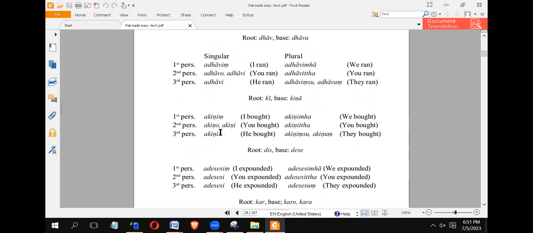Okay, so we look at this example. This is clearer and simpler. Akini: if we drop the A, we can pronounce akini, kini; akinisu, kinimsu; akinum, kinum; akino, kino; akinittha, kinittha; akinim, kinim; akinimha, kinimha.